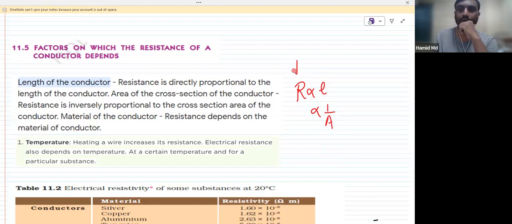Before that, did we define what is resistance? Anyone remember what is resistance? First of all, do we understand what is resistance?